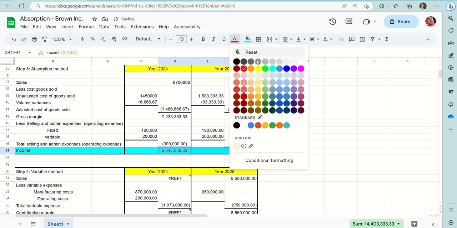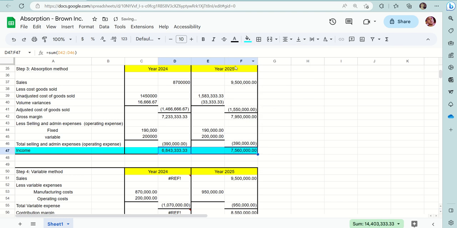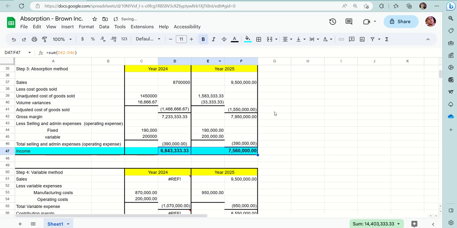No, not red. Red color is very confusing. Very bad idea. And so this is our absorption income statement. I'm going to make that cell a little bigger, like that, right there.